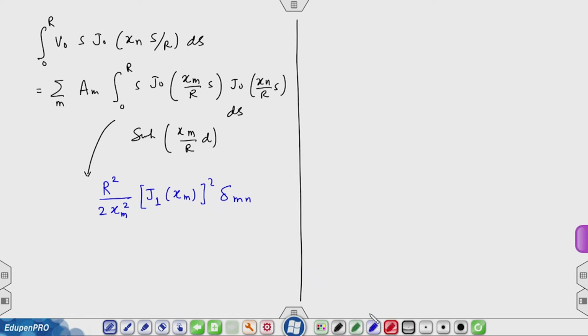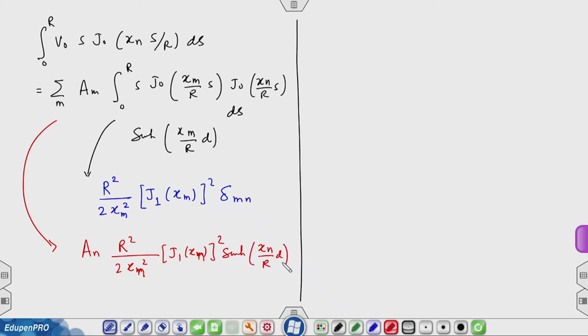And therefore, on the right hand side, I get a n r square over 2 J1 x n square times sine hyperbolic x n over r d.